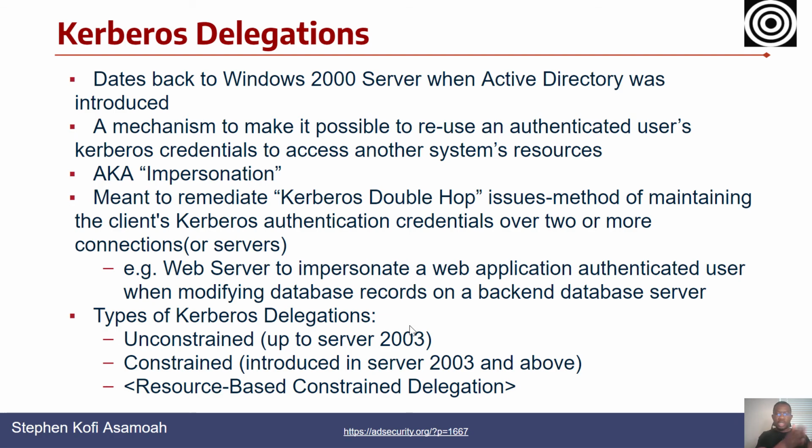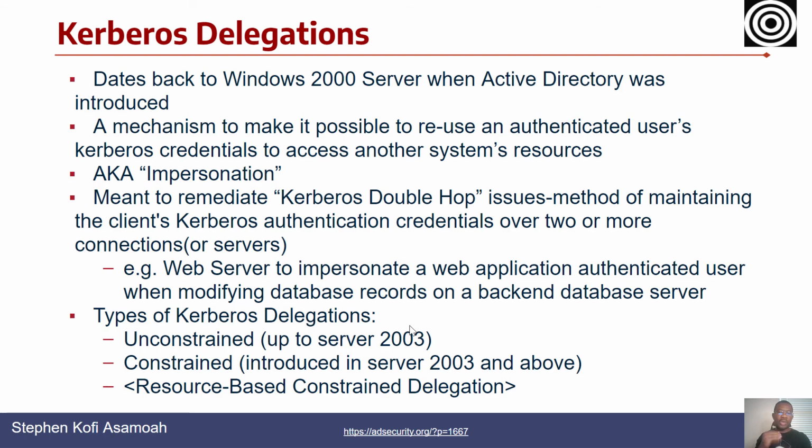So we go through a typical Kerberos authentication, request TGT, get TGT back with a session and all that, right? And then the user needs to do something on the database server, right?